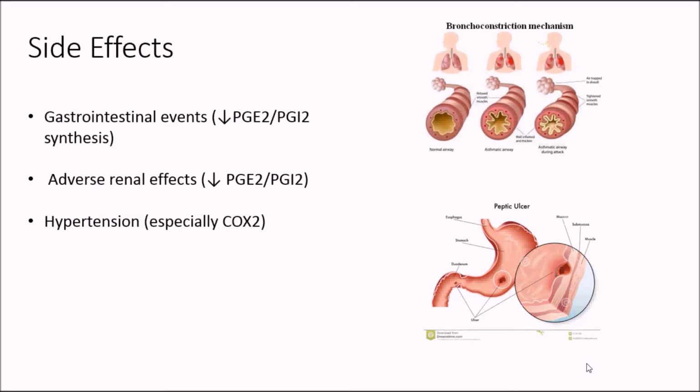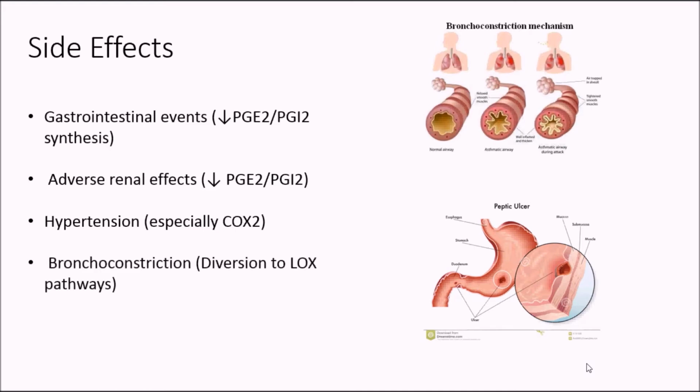In addition, COX inhibitors might cause hypertension, mostly because of the opposite effect that these drugs have compared to antihypertensive therapy. Cardiovascular events are more associated with COX-2 inhibitors, and some drugs like Vioxx increase the risk of heart attack and stroke.